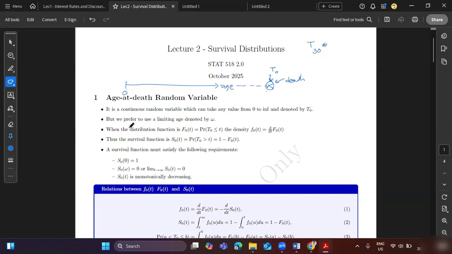And then, as I mentioned, literally it can go to infinity, but we know there has to be a limit. So sometimes we denote that limit with omega. This comes with an assumption. For some examples, you might have seen that Japan has the highest expected lifetime for women and men in the world. So that means if a person lives in Japan, they can expect a higher lifetime than a person in a war-torn country or a poor country.